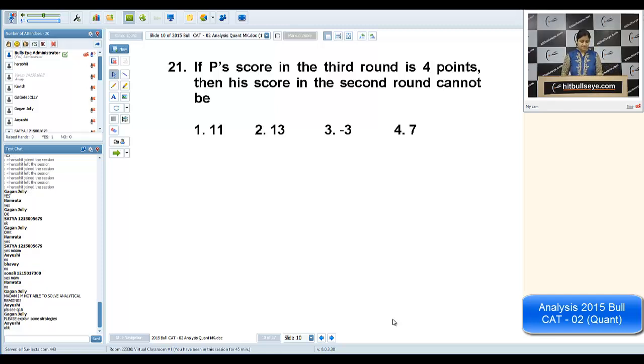Gagan, see, there are no concepts in AR. That is all about practice. You have to solve many sets to be comfortable in AR. So keep on practicing. Okay, any problem in 21st? Make it fast, guys.